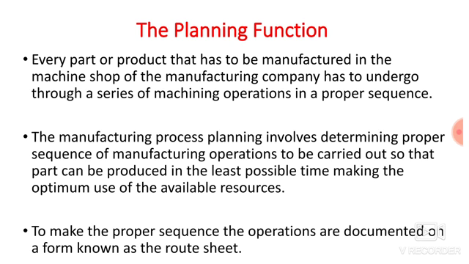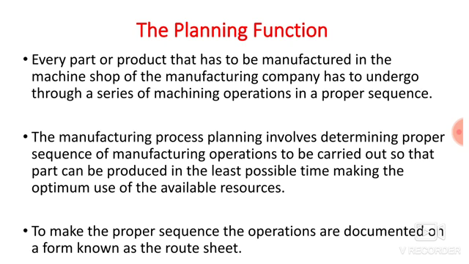That is the first objective, and the second objective is to use the optimum available resources, because today there is a lot of competition in the market, and to survive in the market you have to minimize the cost of your product, and you can minimize the cost of your product by minimizing the cost of resources. So the basic objective is to manufacture the product in the least possible time and with optimum use of resources.